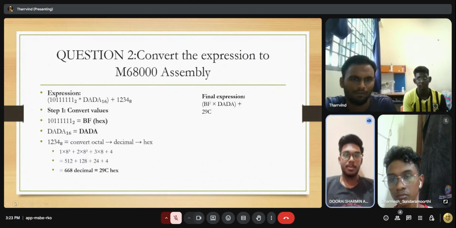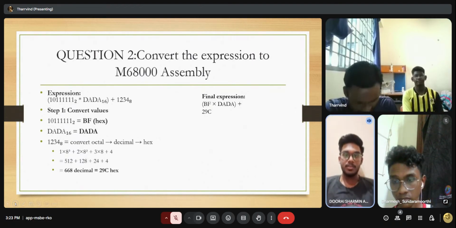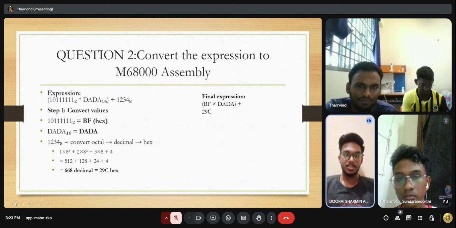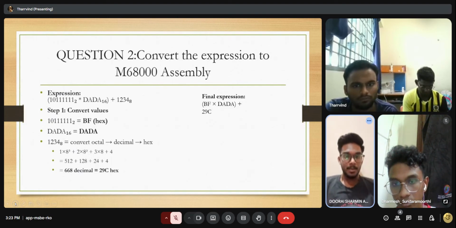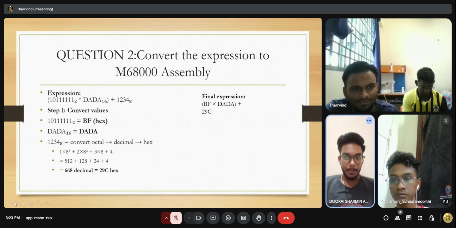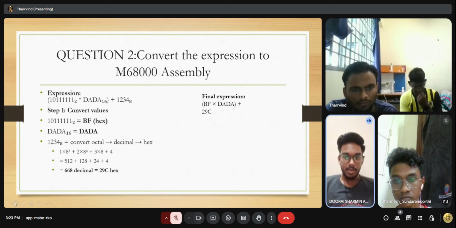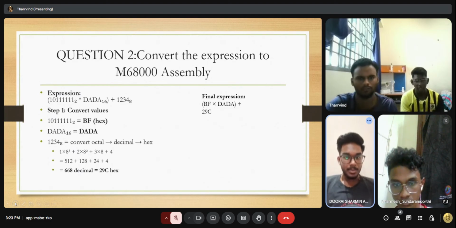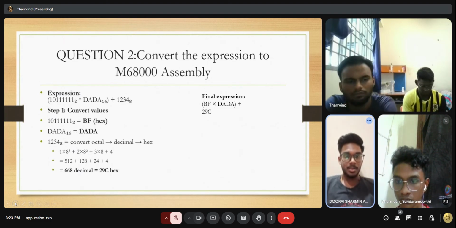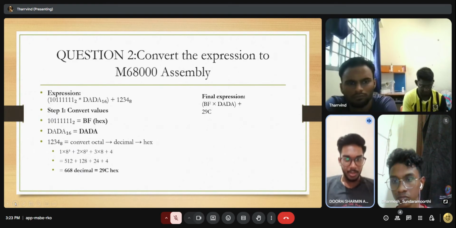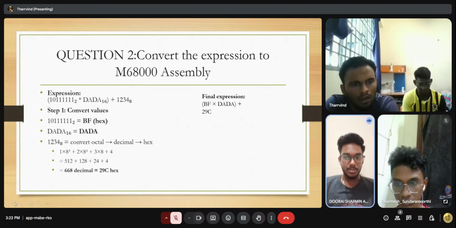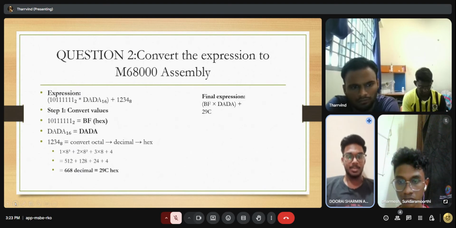Okay, now I'll explain question 2, which is to convert the expression to M68000 assembly. The first expression is 10111111 multiplied by DA16 plus 1234. Step 1, convert values. 10111111 binary equals BF hexadecimal.